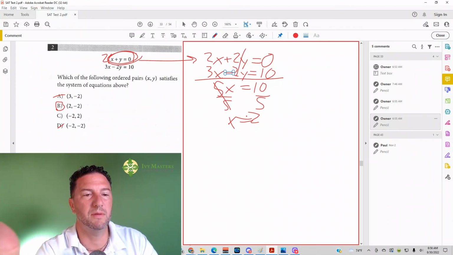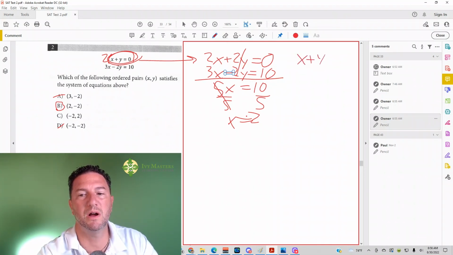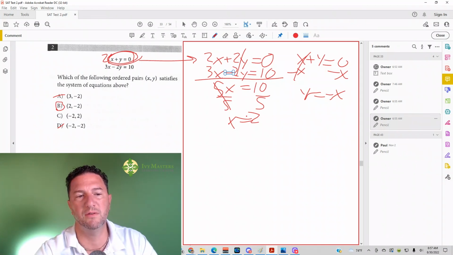And I said I want to eliminate the y, so I want to isolate the y. So I take my x plus y equals 0. I subtract x from both sides. This cancels. y equals negative x. Now in place of y, I put negative x. So then I get 3x minus 2 times negative x equals 10.